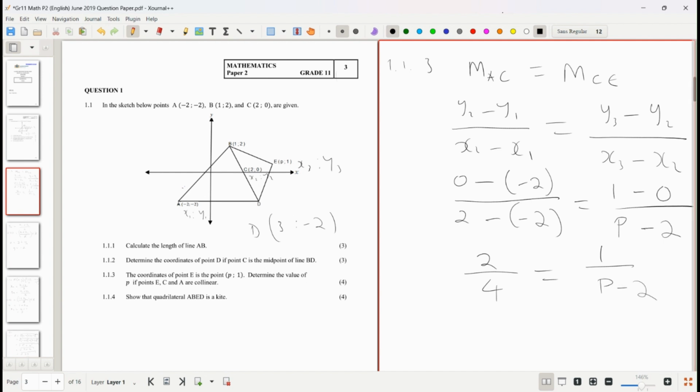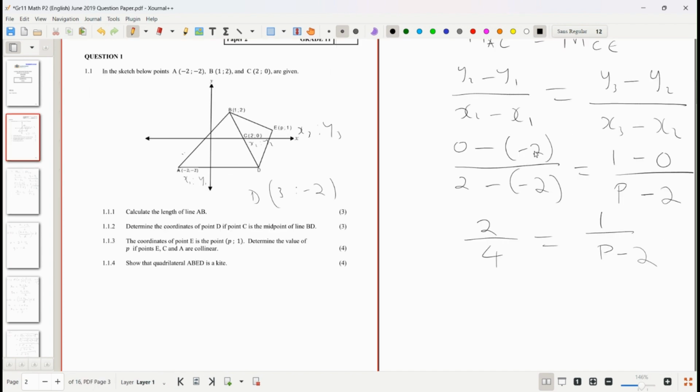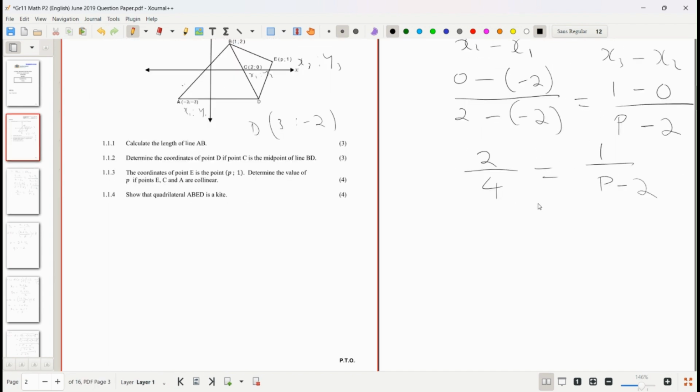So we just need to solve p minus 2, okay? We can simplify this further, because we know that 2 divided by 4 can be written as 1 divided by 2. Okay, so we have 1 divided by p minus 2.